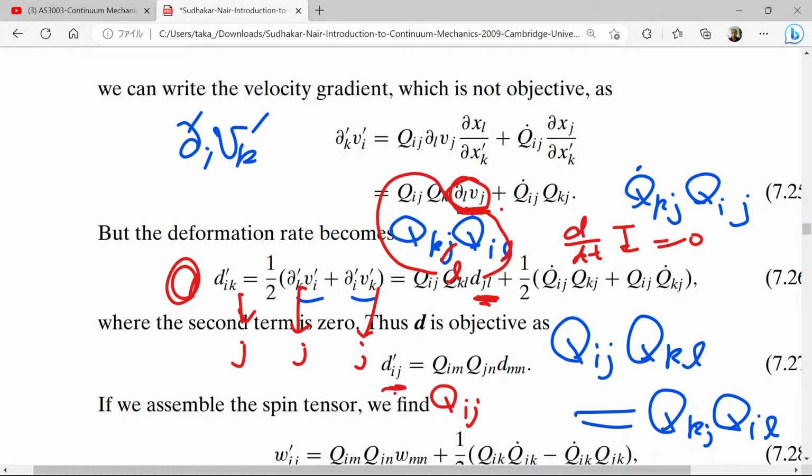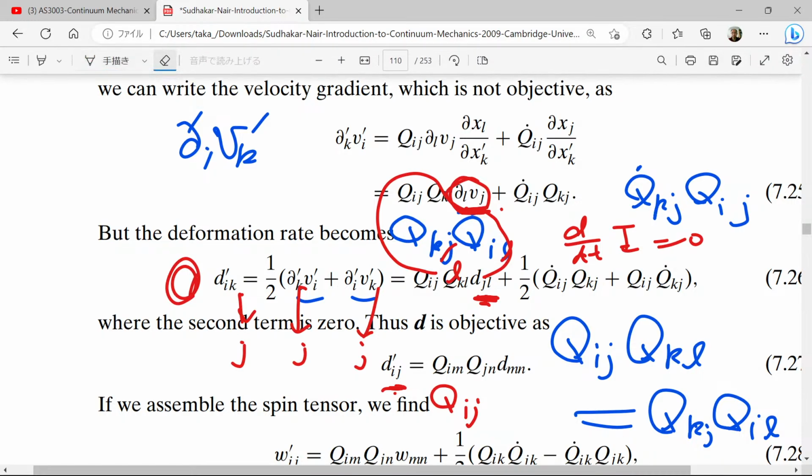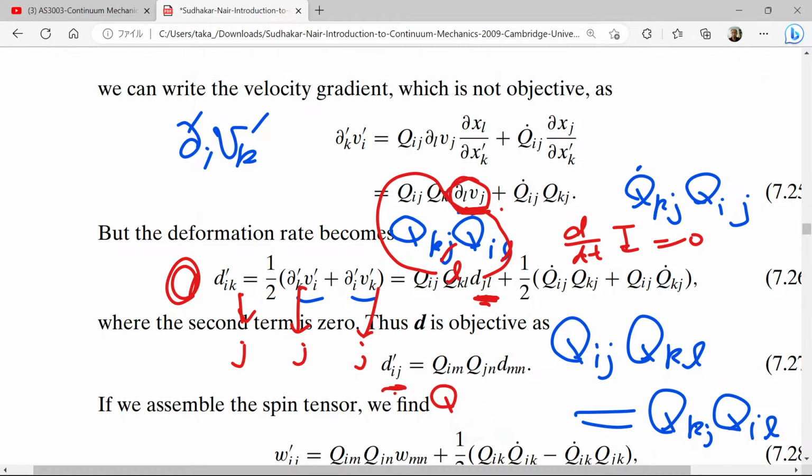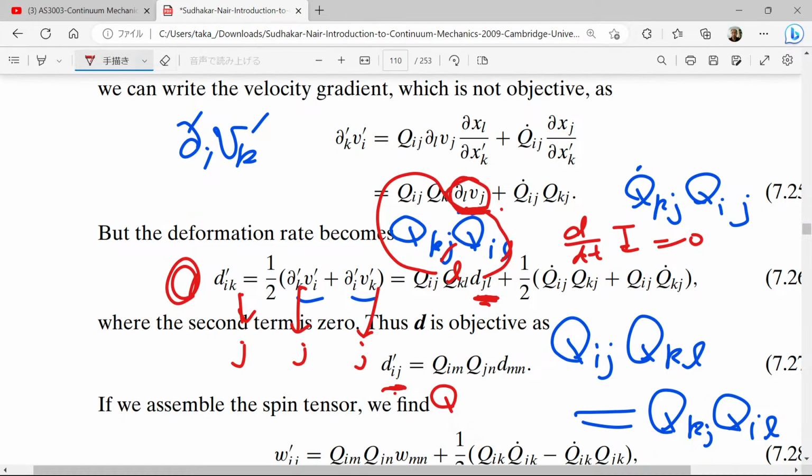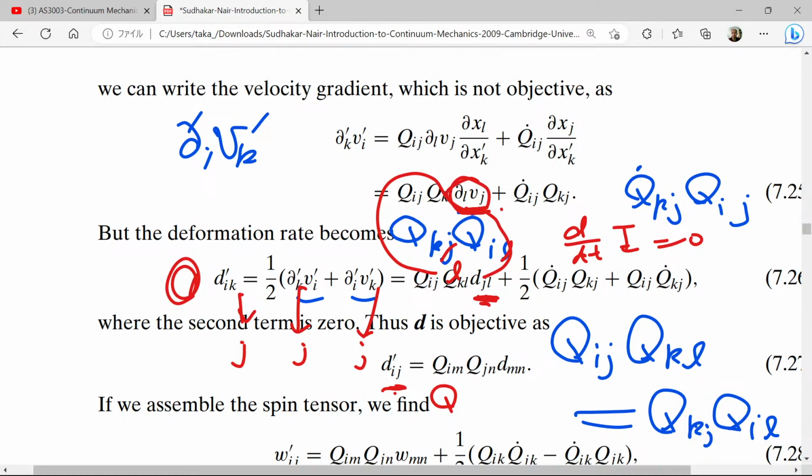We have to change j to another index on the right hand side, because j is already used on the left hand side.